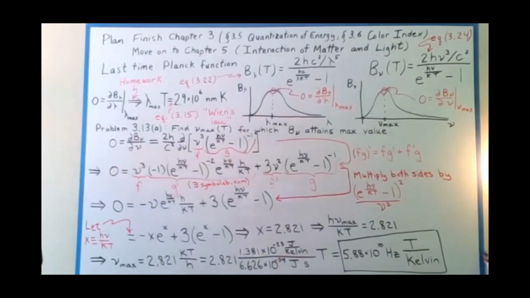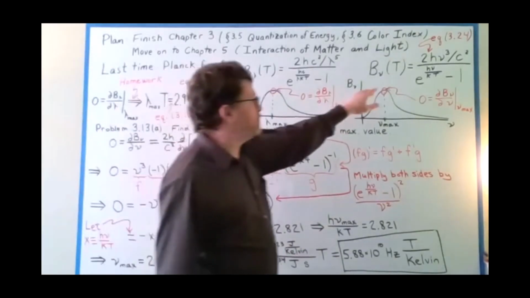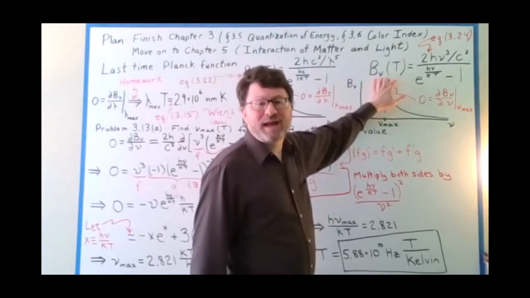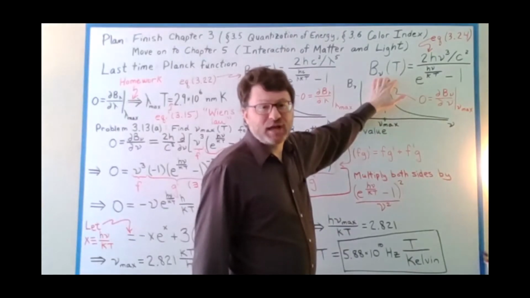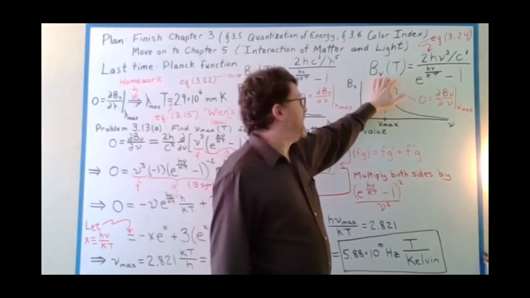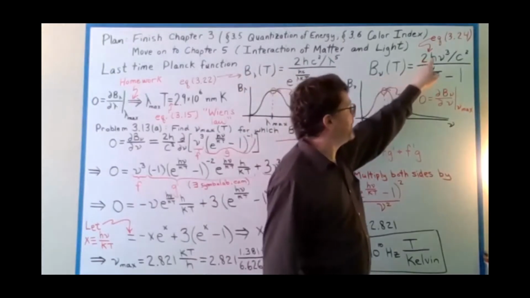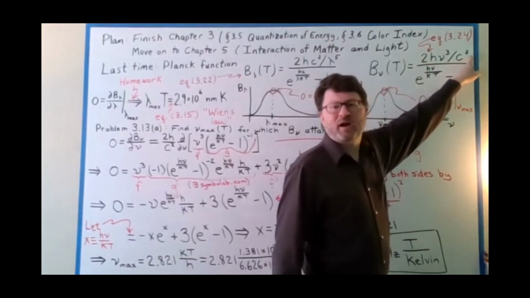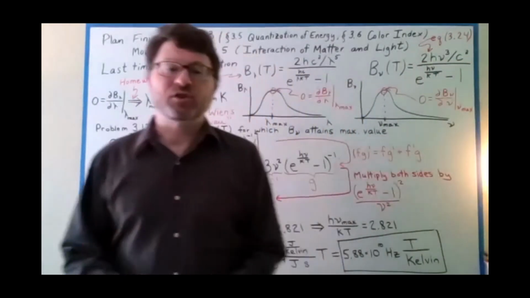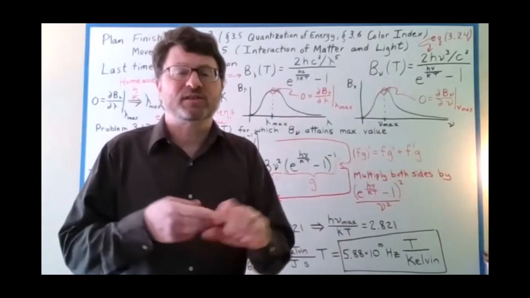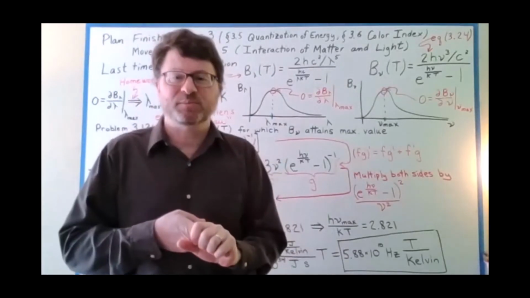So here is our B sub nu up here, equation 3.24. That's the thing that we are differentiating, that we want to put equal to 0. And I note that there's a 2h and a c squared up there. And so 2, h, c, those are all constants. h is Planck's constant, c is the speed of light.